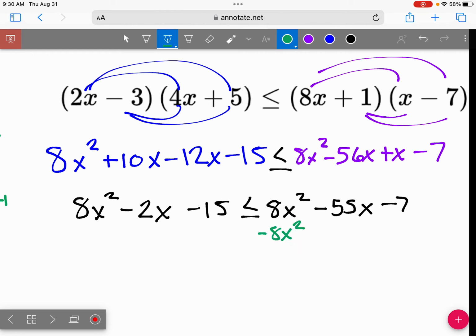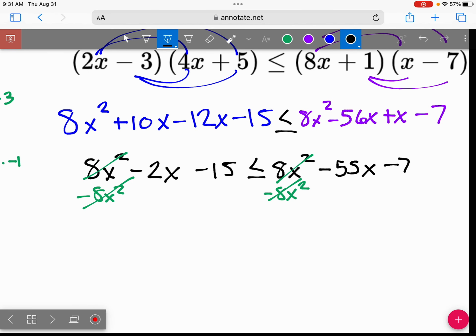Subtract 8x squared minus 8x squared. Oh, look, they disappeared. We love that. So we're left with minus 2x minus 15 is less than or equal to minus 55x minus 7.